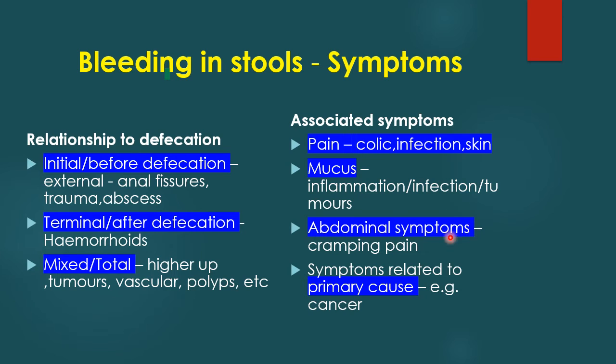Abdominal symptoms, especially cramping pain due to blood in the intestinal lumen, causing colicky abdominal pain. And symptoms related to the primary cause. For example, in cancer, they tend to have constitutional symptoms of loss of weight and lethargy.